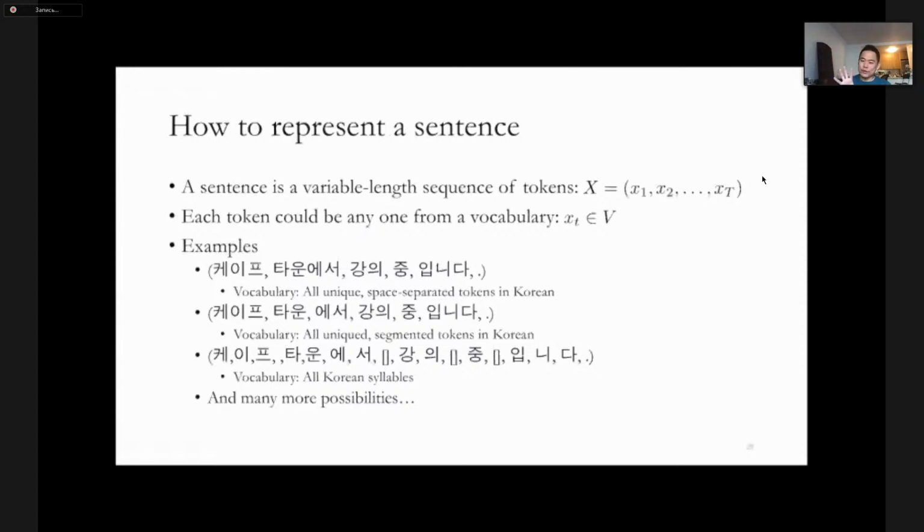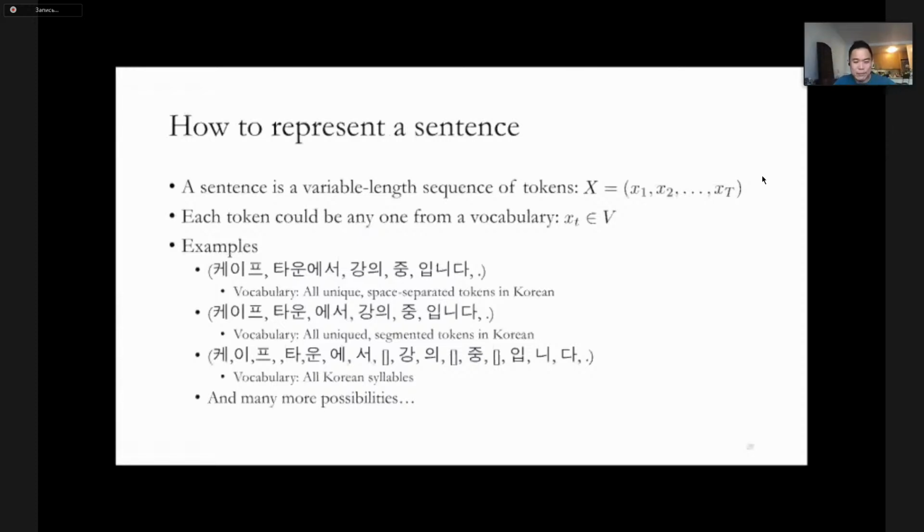But in the very first stage, we need to think about what is the right way to turn this text into a form that allows us to manipulate it mathematically. The usual way to do so is to consider it as a sequence of tokens, where each token could be anyone from a fixed vocabulary, and the vocabulary has a fixed size. And there are many different ways to do so.